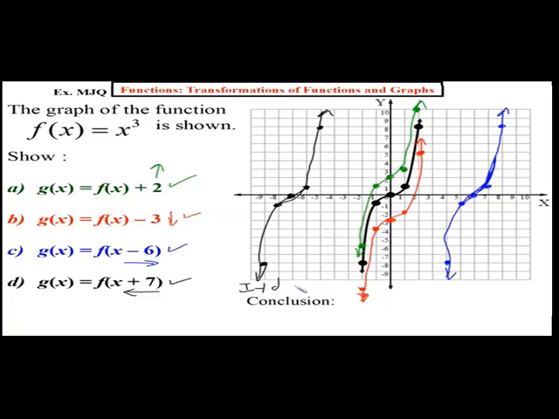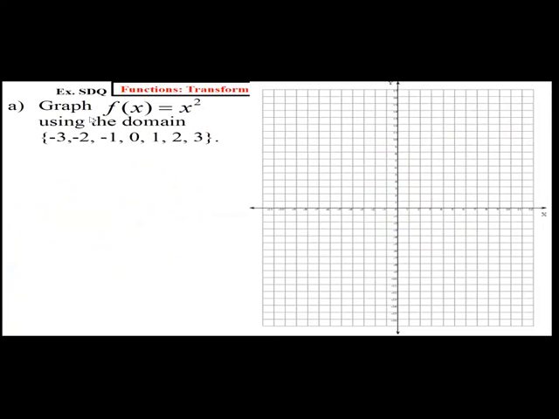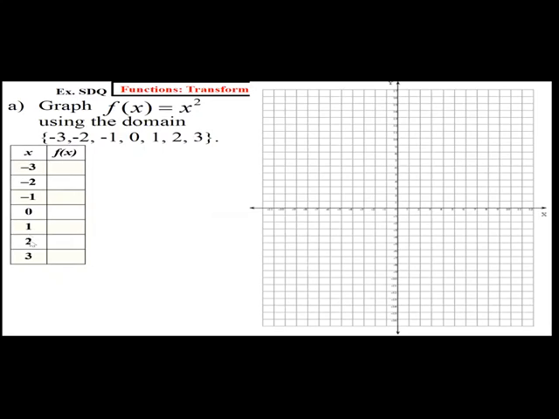So before I give you that new parameter, let's do an exercise really quick. Copy this, please. Example super duper Q. It reads: graph f of x equals x squared using the domain -3, -2, -1, 0, 1, 2, and 3. Make a table really quick with x and all that domain, and f of x. That's going to be in black.